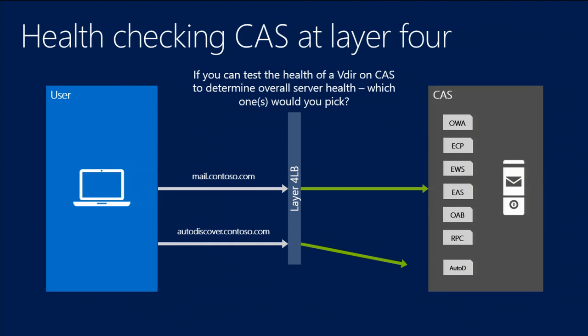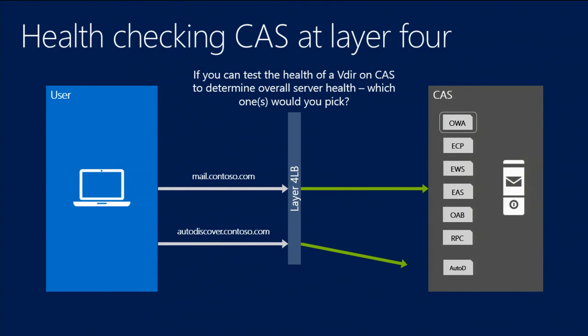There's my health check. Well, the problem is that all the connections are coming in using mail.contoso.com, and that could be Outlook Anywhere, an EWS app, ActiveSync, or OWA, because we're using the simplified namespace model and trying to have one name for everything. Which VDIR are you going to pick to check health for? So you decide to pick OWA.